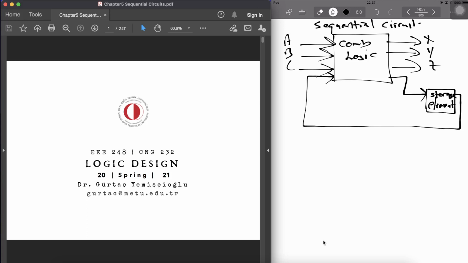What do we have in sequential circuits? We have a combinational logic, a storage element, and a feedback path. So we can say that the output depends on the current inputs, but also the past activity, which is this feedback through the circuit, and it affects the state of the storage elements. This is the present state, and this is the next state.